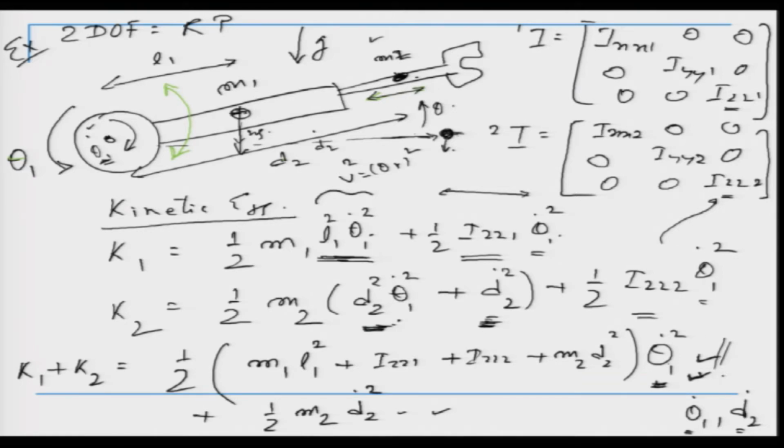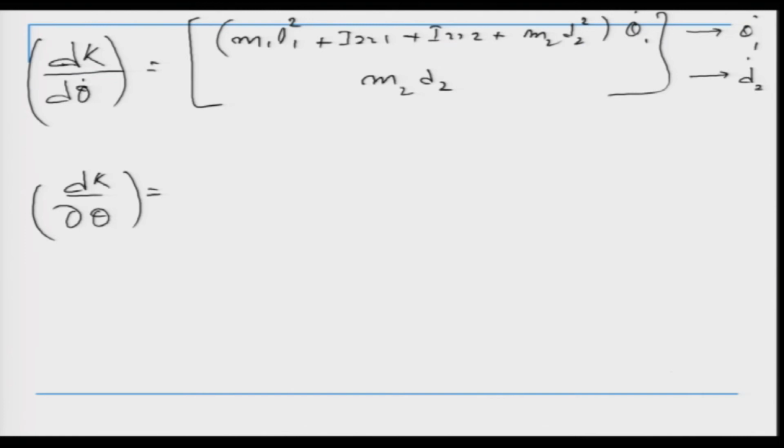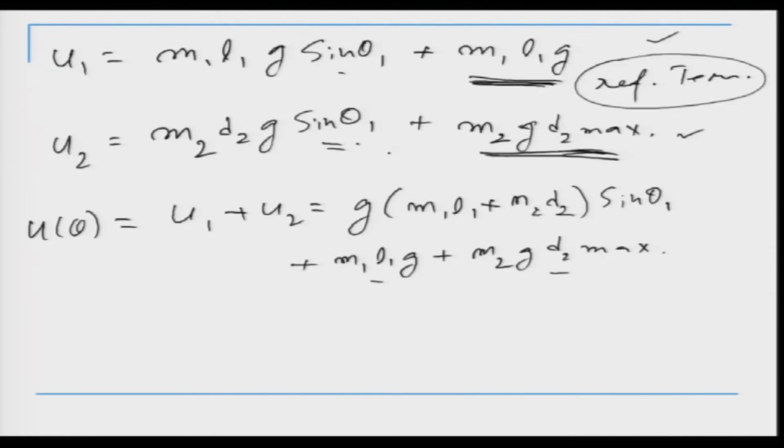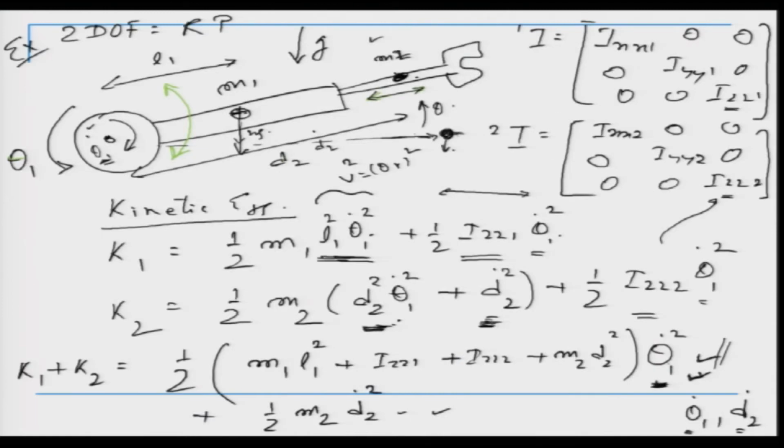Okay. So, the next term that we are going to differentiate, the first term we are differentiating with respect to theta 1 dot, and what we get is 0 here. And the second term what we are getting is there is a d2 here. Okay. So, there is a d2 here, where is the d2 gone? There is a d2 here.